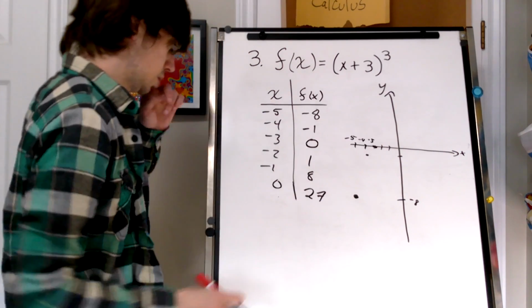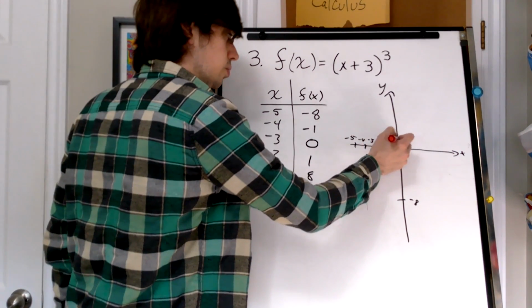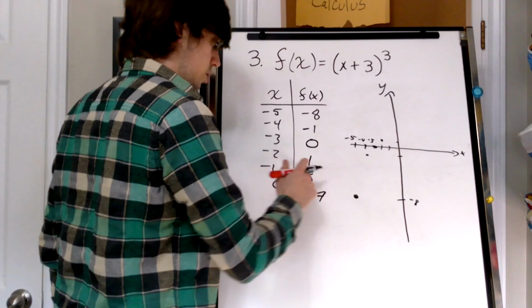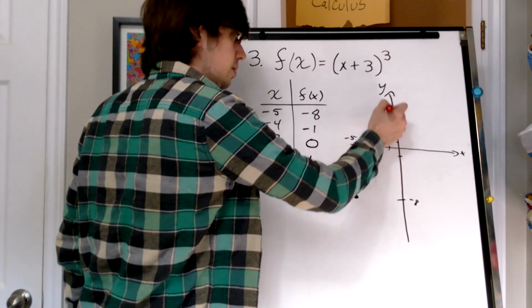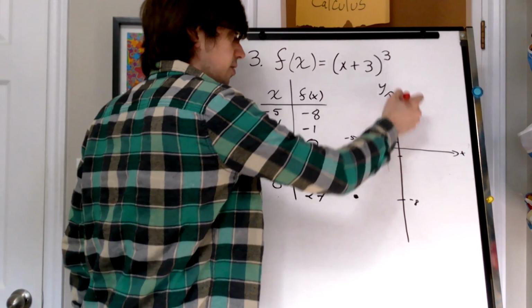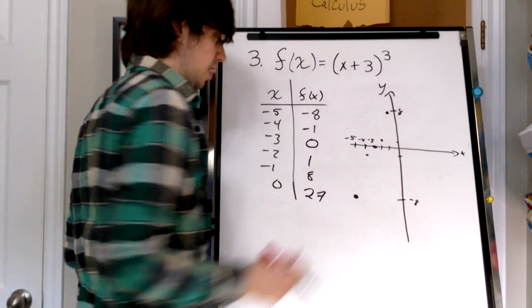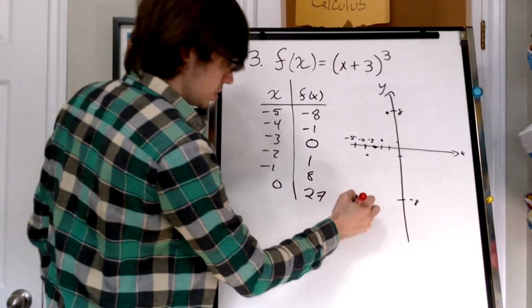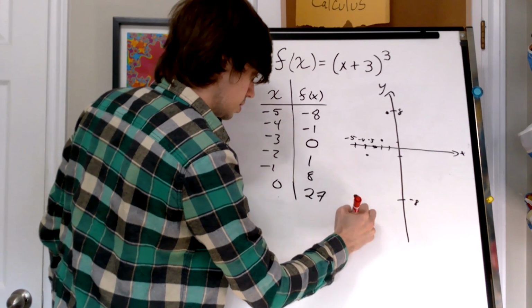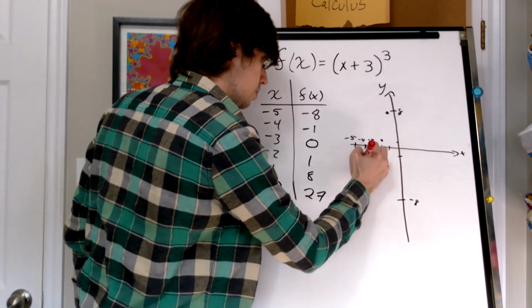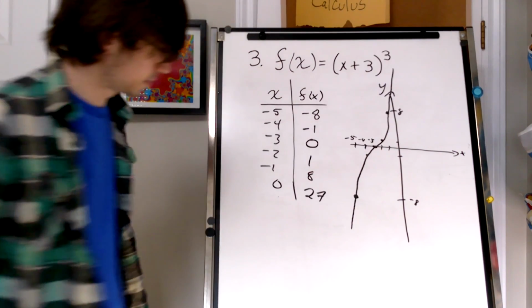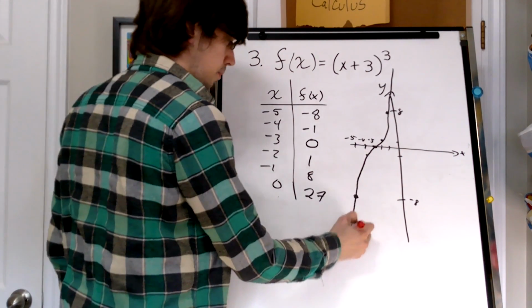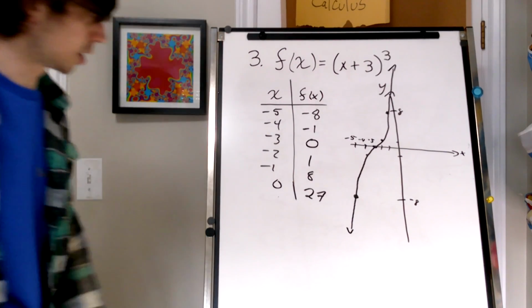At -2 we are at 1. At -1 we are at 8. At 0 we are at 27. We have the chart. So let's just connect these dots. Something like that. All right.